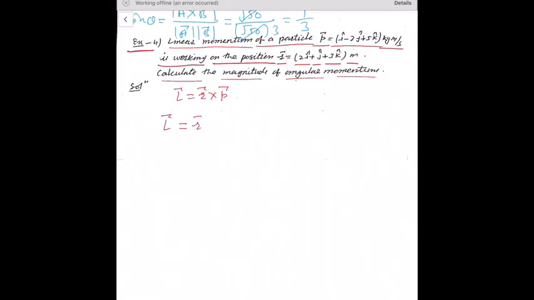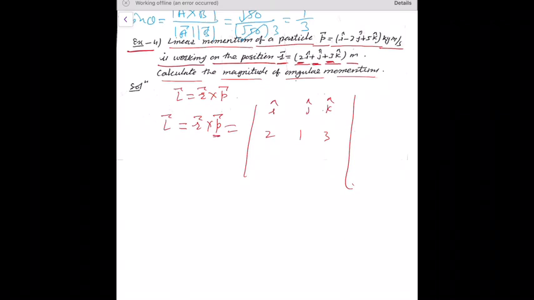So write in determinant form: L vector is equal to r vector cross p vector is equal to I cap, j cap, k cap. Here in the r vector Ax 2, Ay 1, Az 3. Next in p vector Bx 1, By minus 2 and Bz 5.